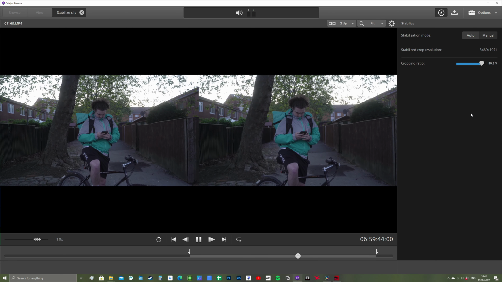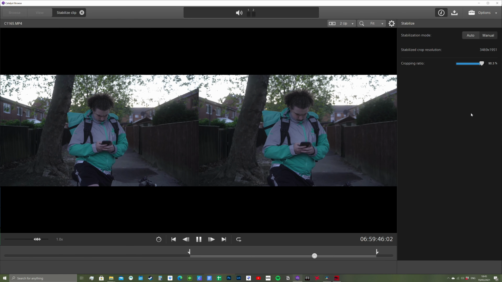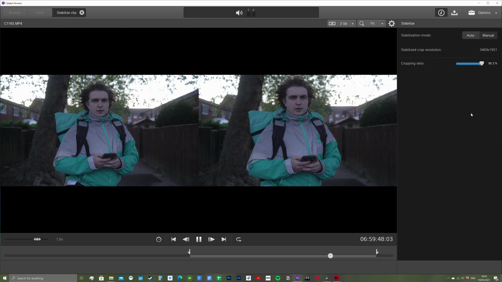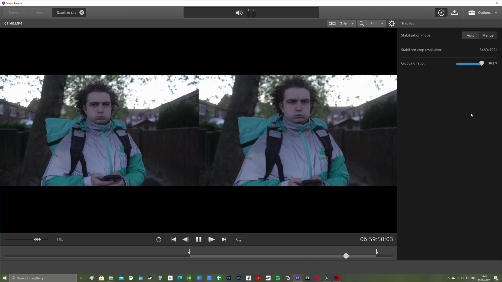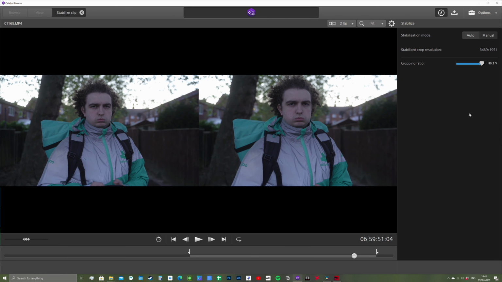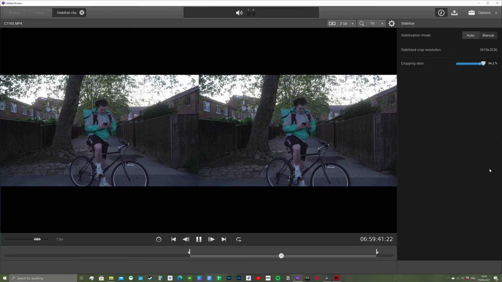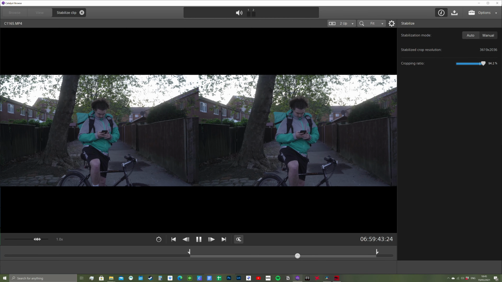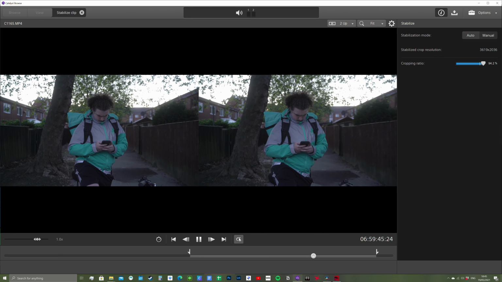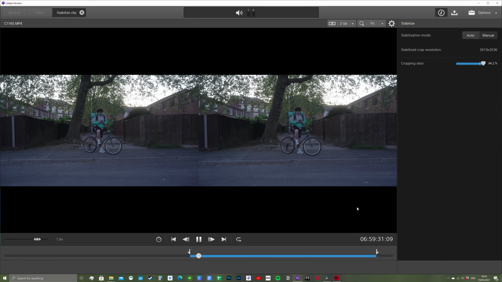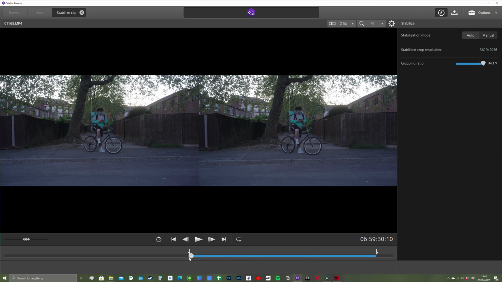Since having Catalyst Browse, I don't rebalance it perfectly, because I can iron out all these micro jitters using Catalyst Browse. For this particular take, I didn't need to crop in too far, and we're dealing with a 4K image, so we actually have a lot of flexibility. This is cropped in to about 90%, and that gives us just enough stabilization on those little micro jitters to have a perfectly smooth shot.